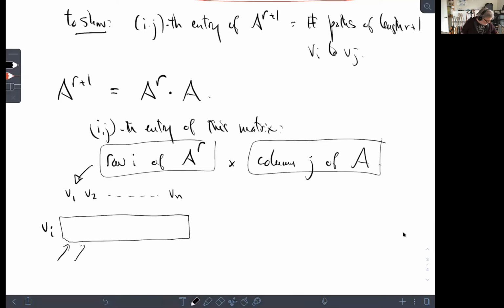So this is the number of paths of length r, vi to v1, v2, right up to vn. Is that okay?